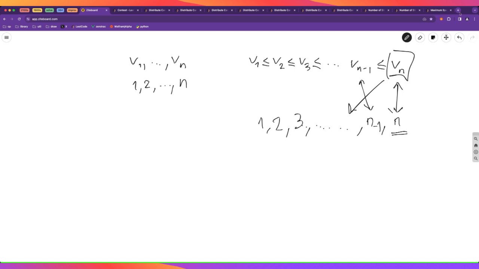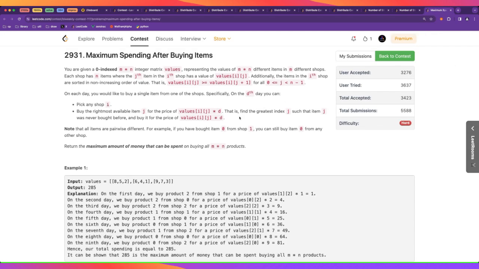So how do we use this to solve this problem? Well, we just proved that the best order would be to multiply day 1 with the minimum of the entire matrix, then day 2 with the second minimum, and so on in that order for the entire matrix.